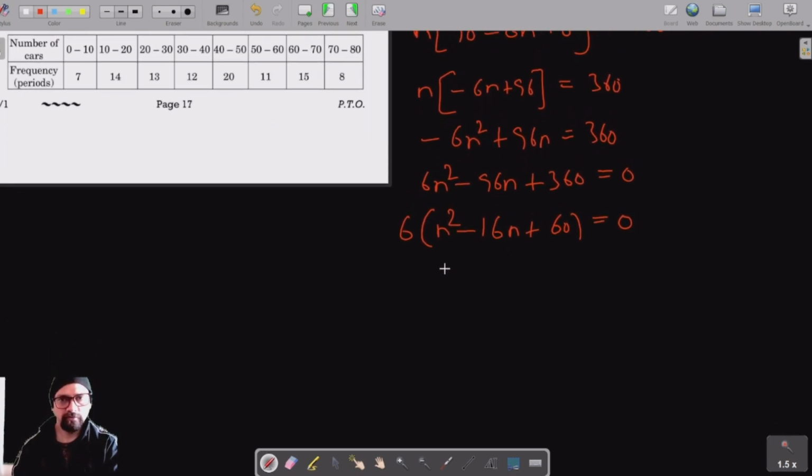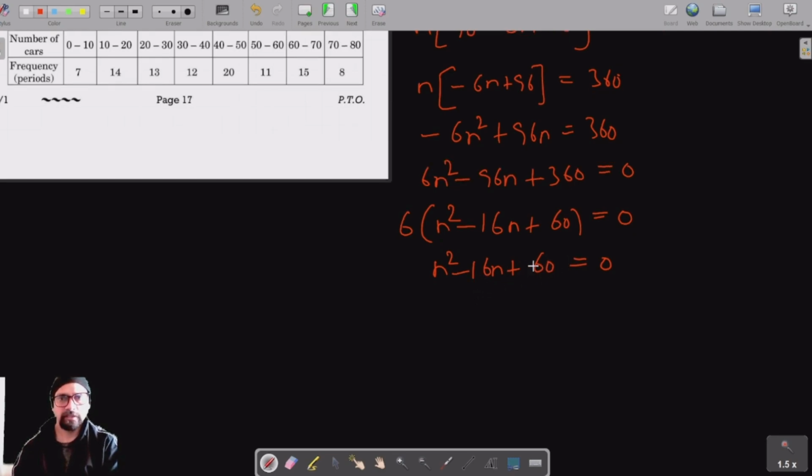Now we have to solve this quadratic equation. We know that the factors of 60 are 10 and 6, so we can write n square minus 10n minus 6n plus 60 equal to 0.